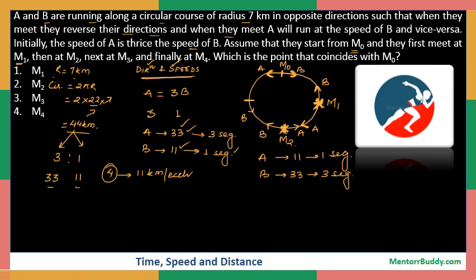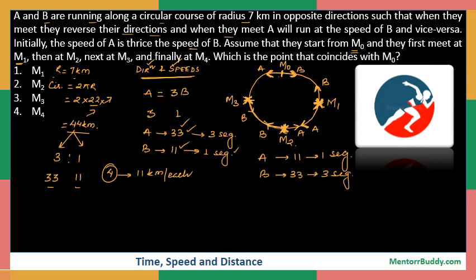So because B was here and is traveling in this direction, he will reach here, and in the same time A will travel all three segments and come to this point, and this will be termed as M3 now.